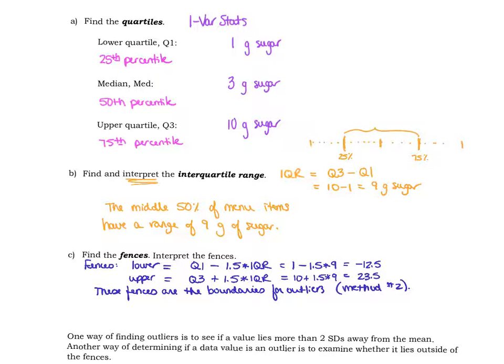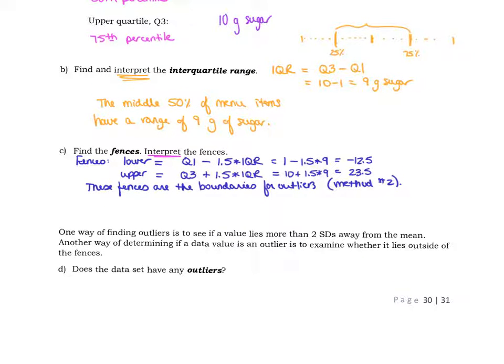But let's do the interpret part. Interpret the fences. What this means is that anything outside of negative 12.5 and 23.5 is an outlier, which means all the values in between are the typical ones, the ones we expect. So we expect the items on the menu to have negative 12.5, again, which is silly, up to 23.5 grams of sugar.